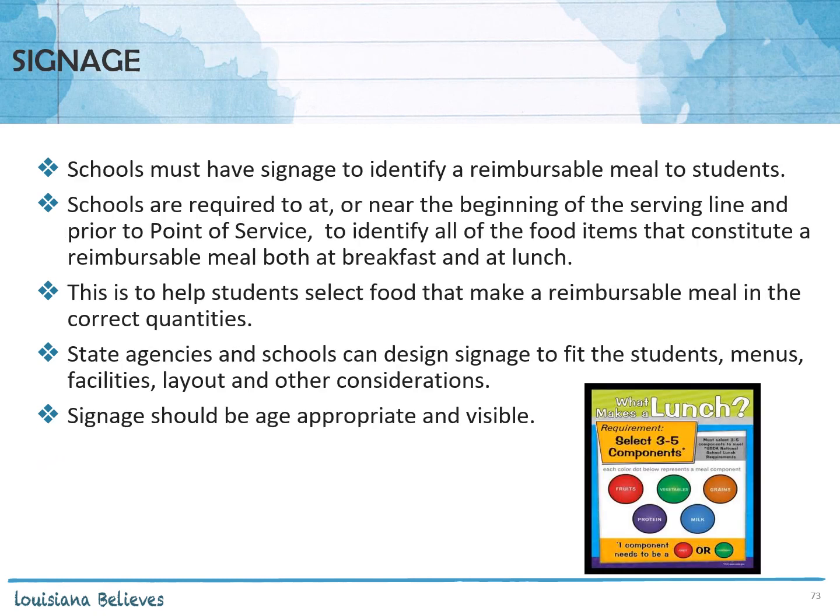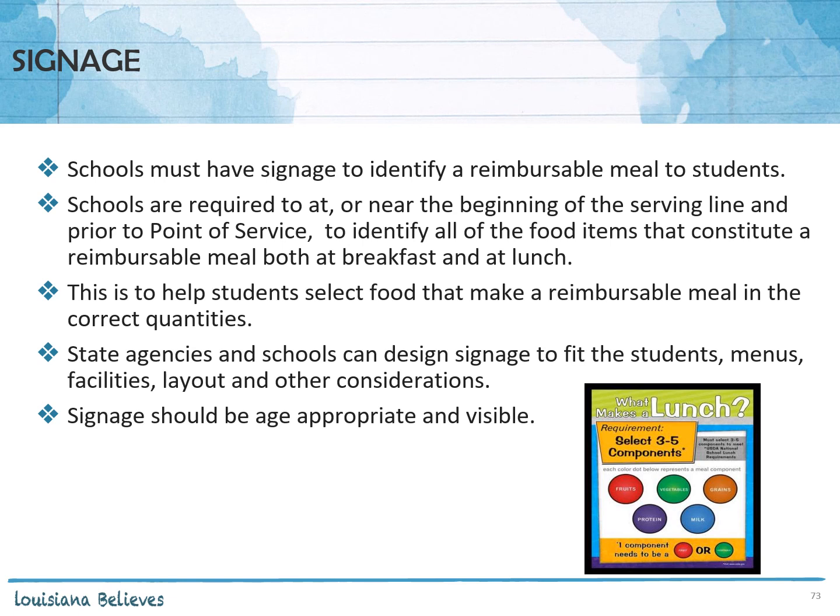Signage is an important requirement of the child nutrition program. Schools must have signage to identify a reimbursable meal to students. Schools are required, at or near the beginning of the serving line and prior to the point of service, to identify all of the food items that constitute a reimbursable meal both at breakfast and lunch.